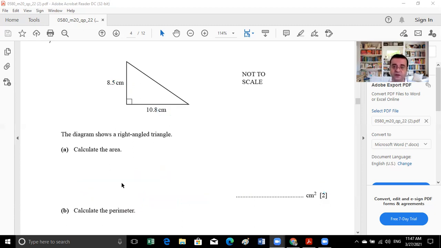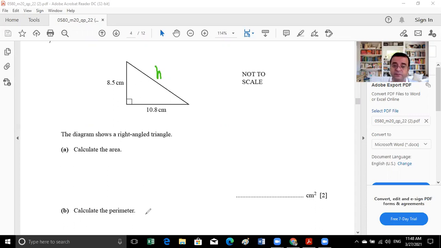Calculate the perimeter. How do you calculate the perimeter? We first find the hypotenuse side. How do you find the hypotenuse? You go to Pythagoras, correct? The hypotenuse, you label it as h, like this you do in exam, okay?